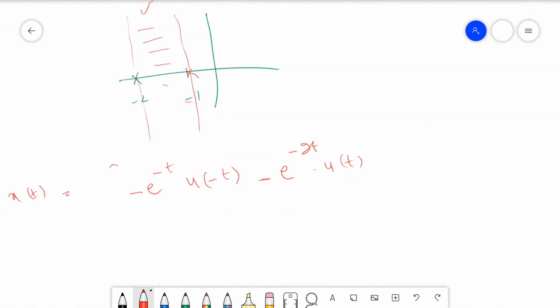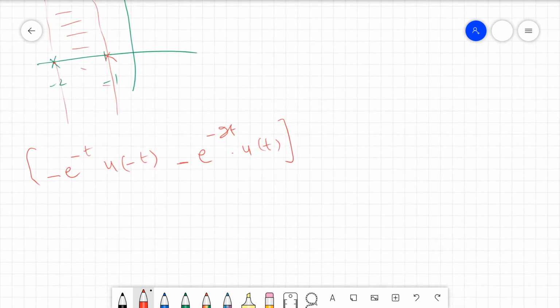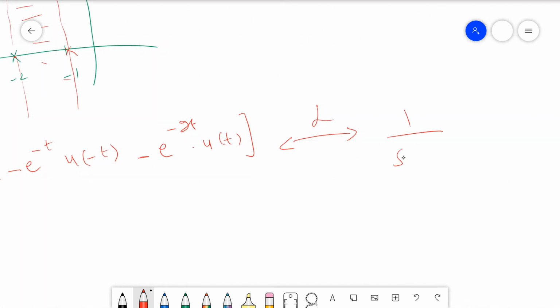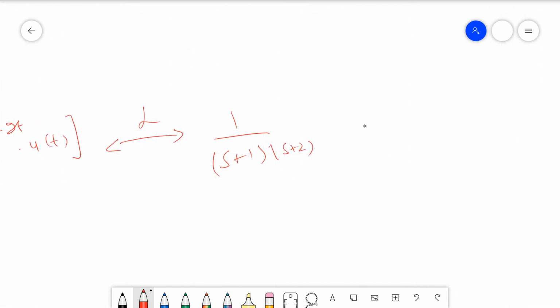So this whole term is actually x of t, and this is the inverse Laplace transform of the same X(s) as we have seen earlier for the case when the region of convergence is in between minus 1 and minus 2.